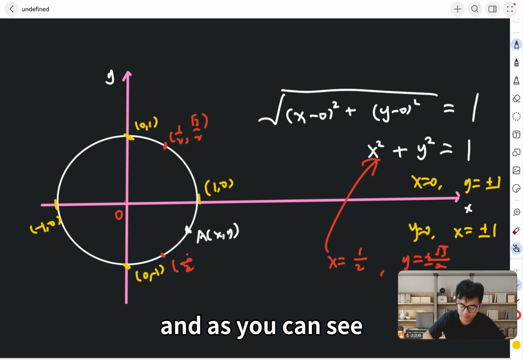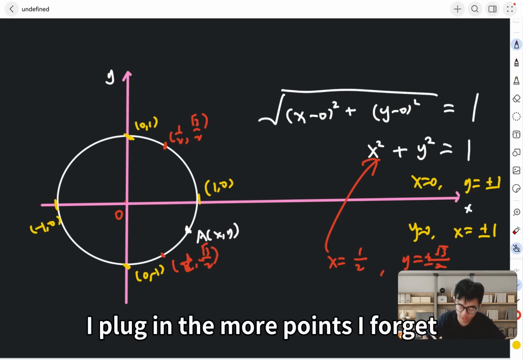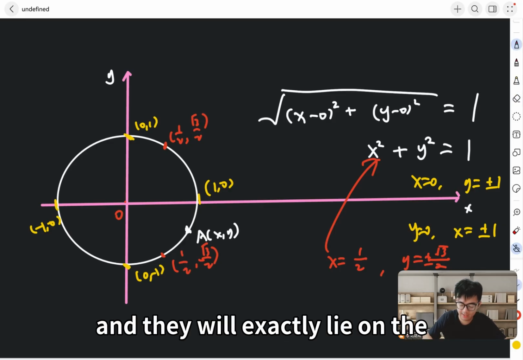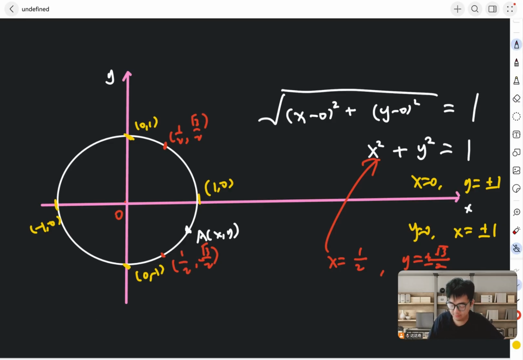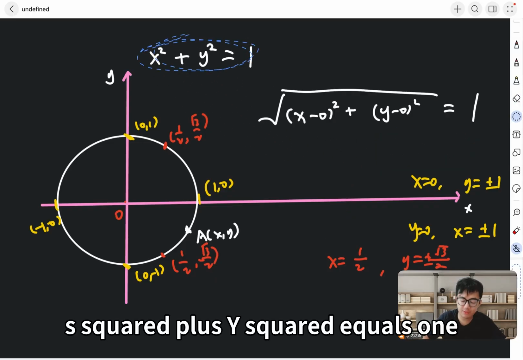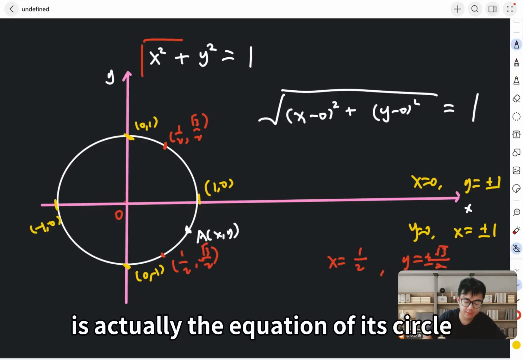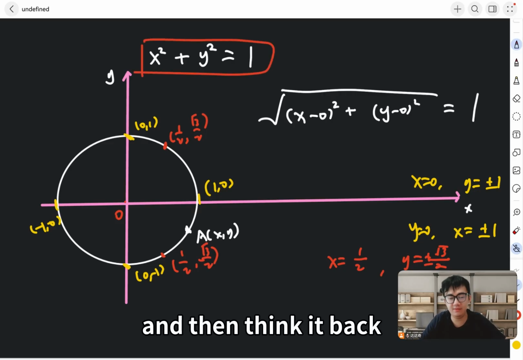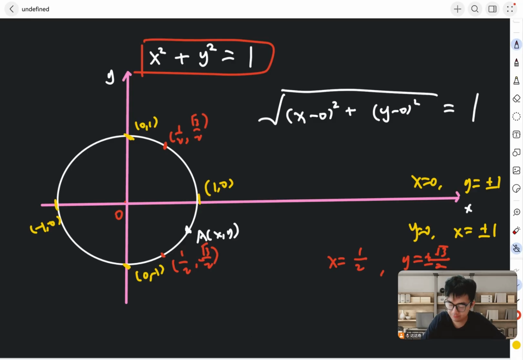And as you can see, the more values I plug in, the more points I will get, and they will exactly lie on the circle. So now you can figure it out: x squared plus y squared equals 1 is actually the equation of a circle. And then think it back: how did I get it?